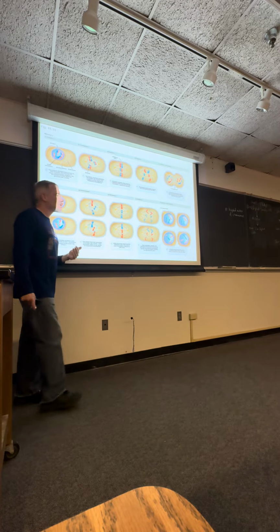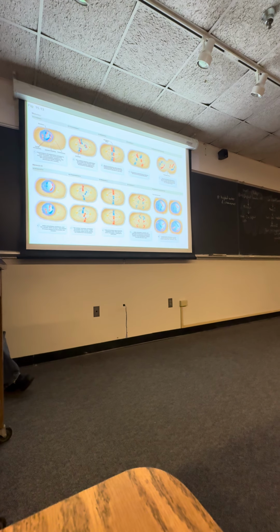So the names of the phases are the same, and most of the things happening in those phases are also the same. The nucleus delaminates and disassembles, the chromosomes condense, they line up at the metaphase plate, they get separated, we have the cleavage furrow. So if you're not counting the chromosomes, that looks just like mitosis. Then it happens again.